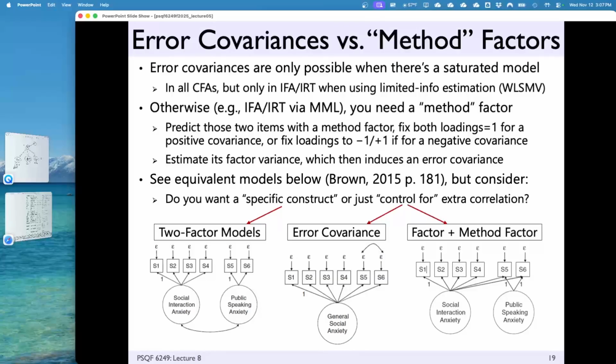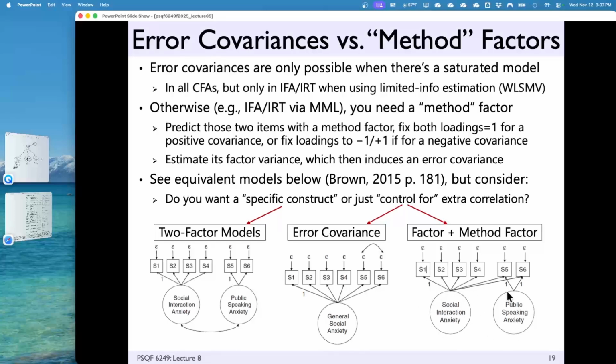And then the third version of this is to take a social interaction anxiety factor that measures all six, and then for only the items where public speaking is involved, have a public speaking factor. Because there are only two items, we'll have to set the loadings to one to estimate it. This latter part is the factor you're after, social interaction anxiety.